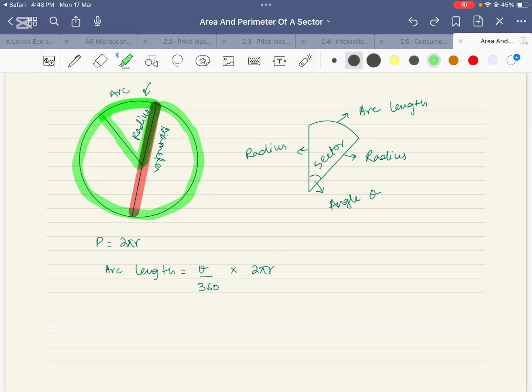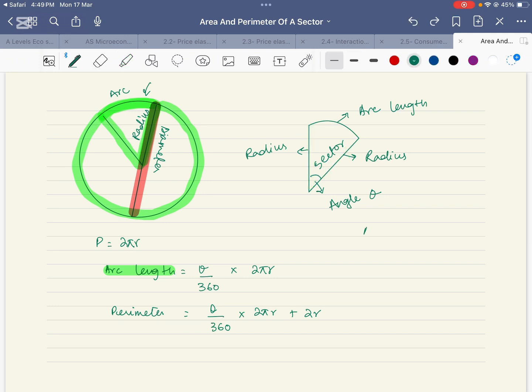This is just the arc length. This is not the perimeter of the entire sector. How do we calculate the perimeter of the sector? Perimeter of the sector is theta upon 360 into 2 pi r, or arc length, plus 2r. Why? Because we have 2 radii in it.